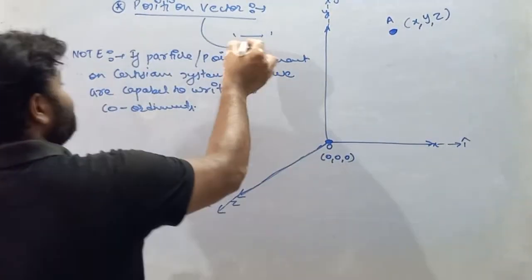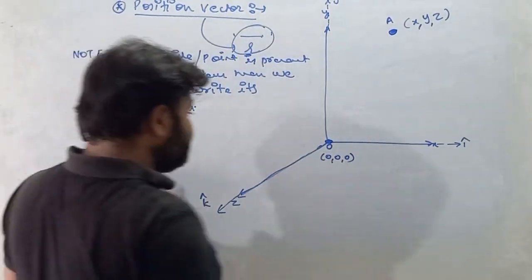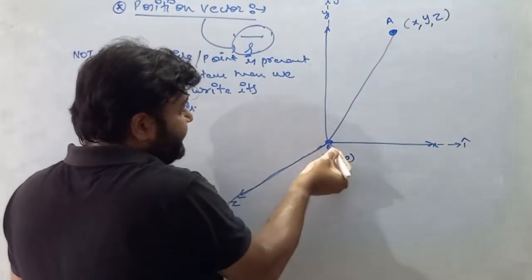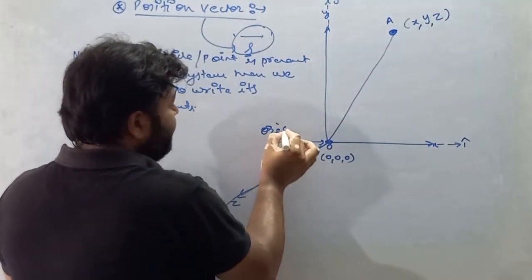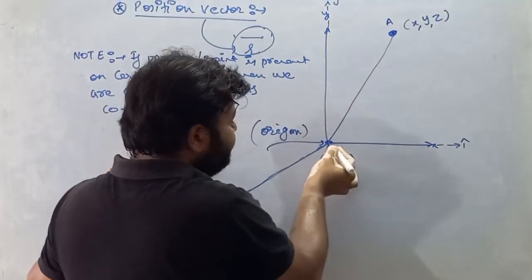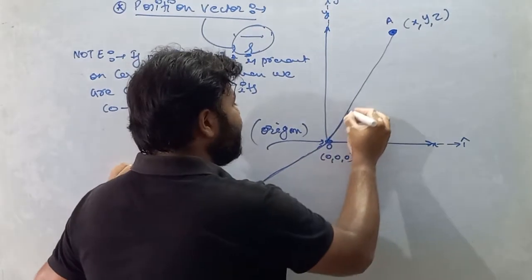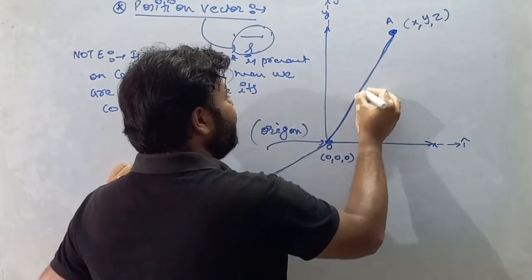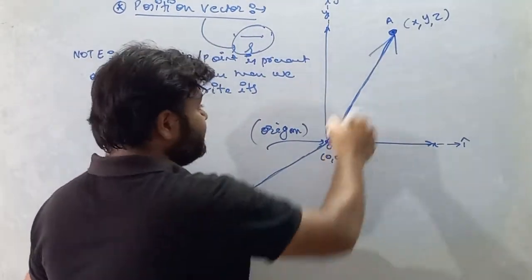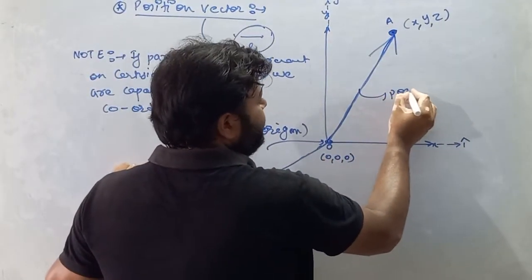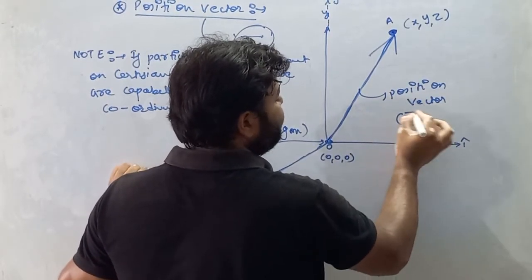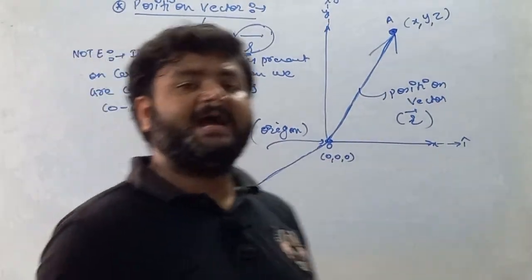Now see what the position vector actually is. The position vector is a straight line which joins the particle with the origin, having magnitude, the length of the line, and direction. So this line is called the position vector, which is represented by r vector.